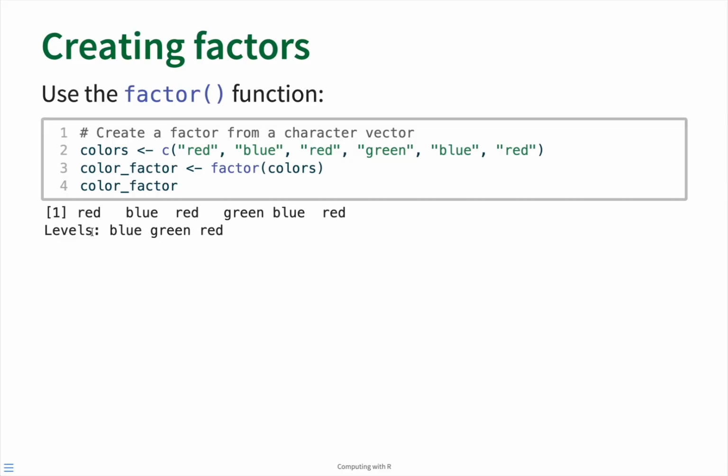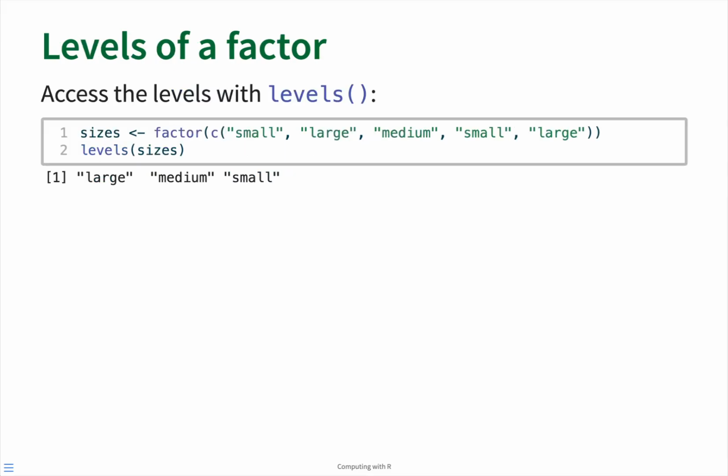And it considers those to be the levels. You get back just the list of the three levels, not the entire vector. So far, we did not specify an ordering for the levels of the factor.